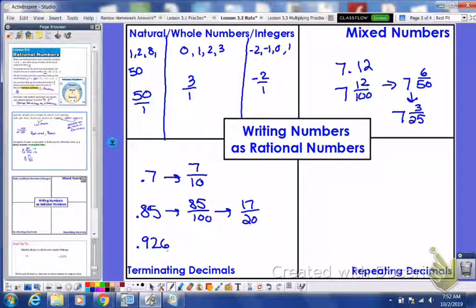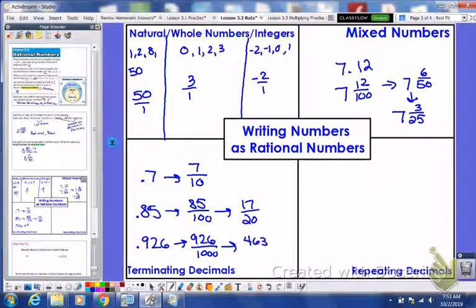We could keep getting larger, so 0.926. I now see 3 decimals, so now we're talking about thousandths. So 926 over 1,000, which reduces to 463 over 500.